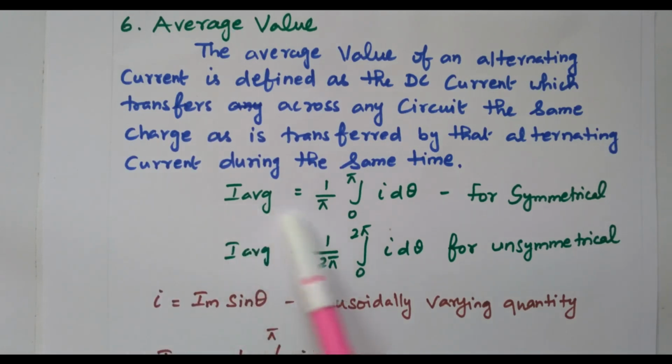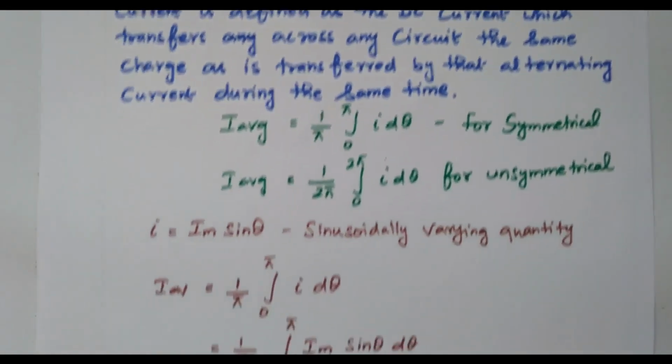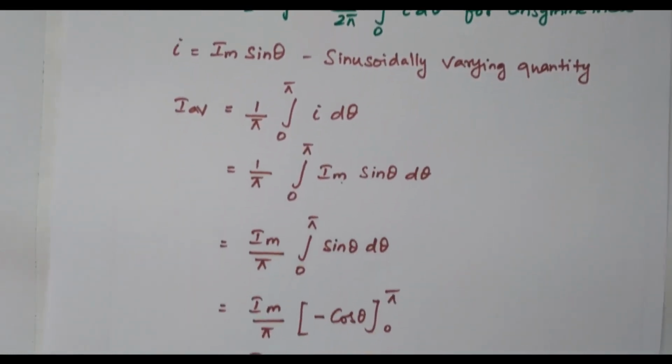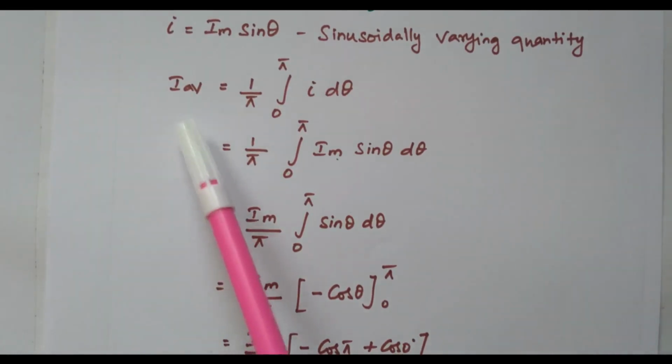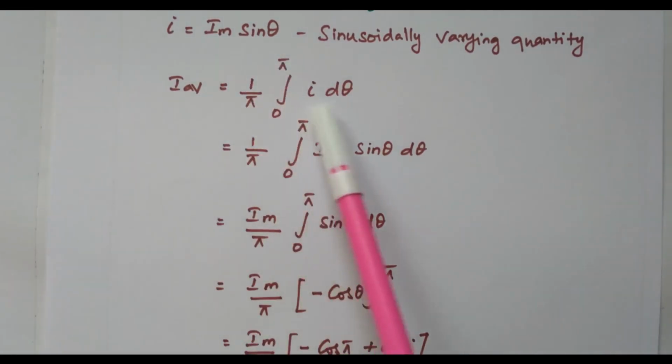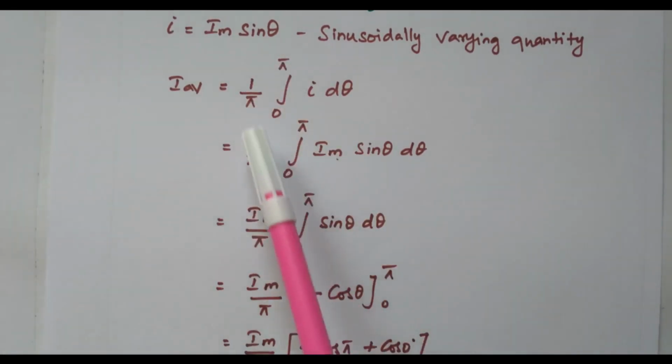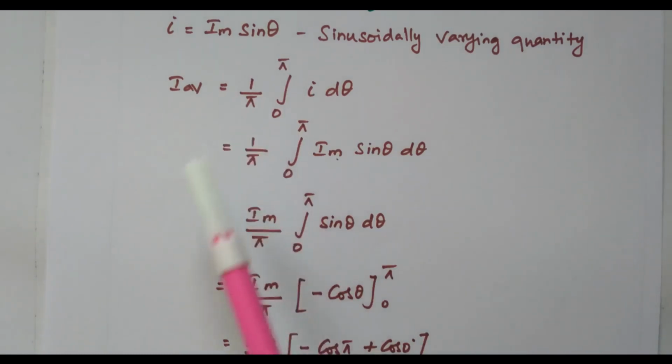Now we'll go for the average value. We'll substitute this I as Im sin theta. Now we'll find the average value of the sine wave. So I average equal to 1 by pi, 0 to pi, I d theta, because of symmetrical we consider only 1 by pi.